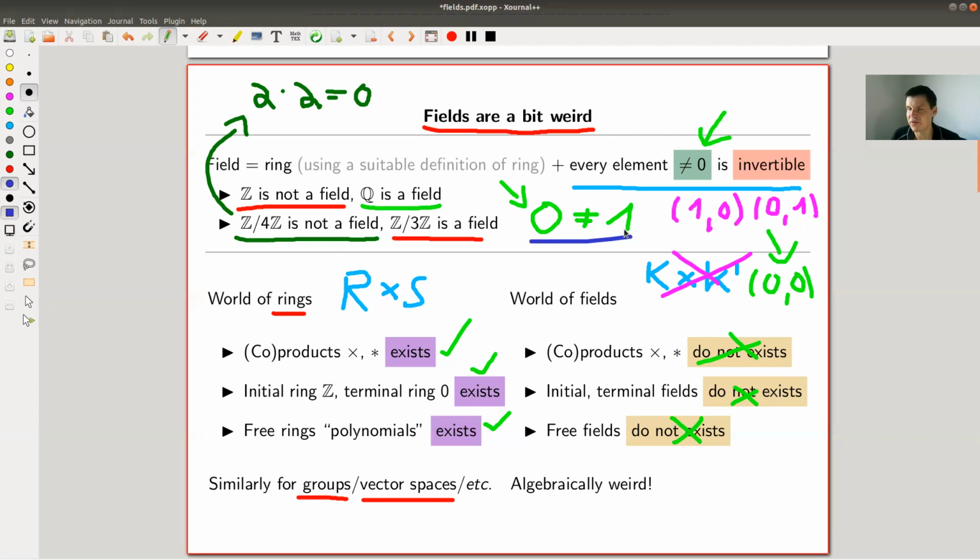It's this funny property that 0 isn't equal to 1. That's already a bit strange. And even more crucially, every non-zero element is invertible. It's kind of a weird property. And it forces some strange things to happen, like a product construction just doesn't work for fields, at least not in any naive way.